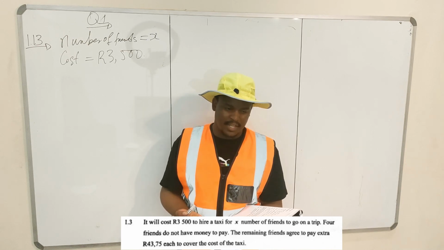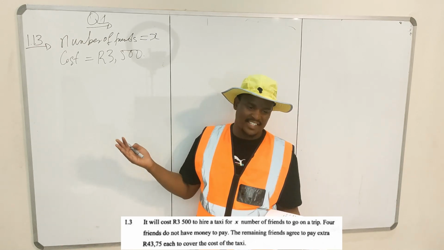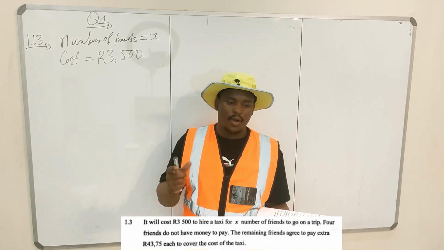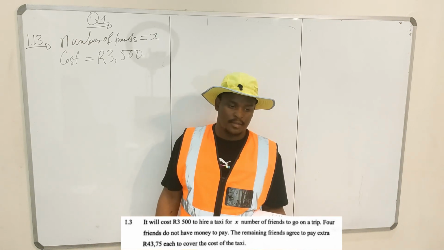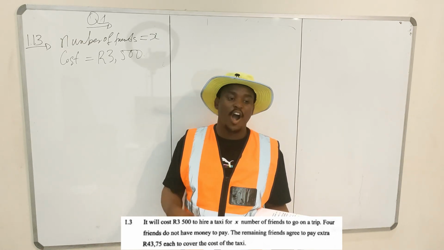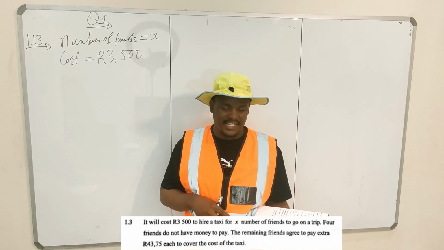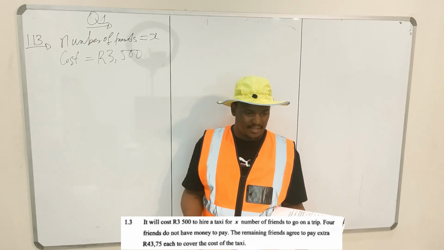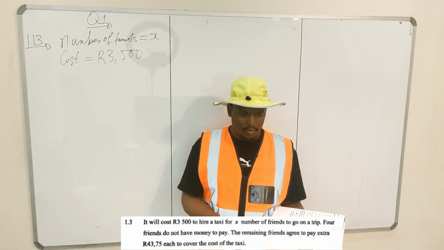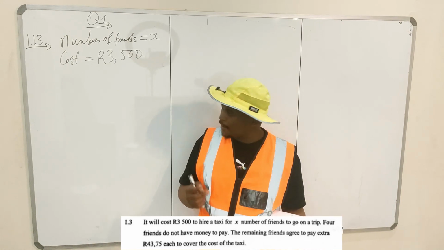If we had 10 friends, how many don't have money to pay? 4. How many have money to pay? 6, which is 10 minus 4.